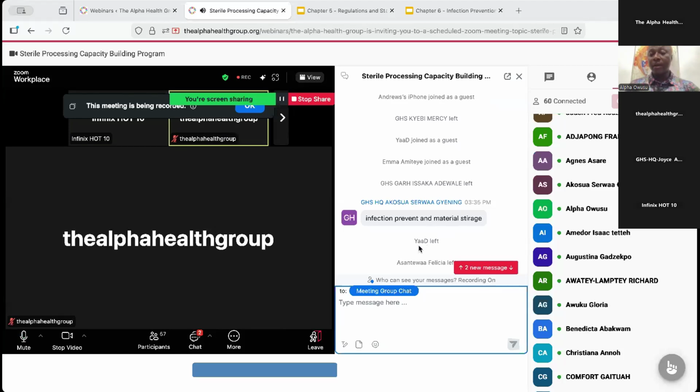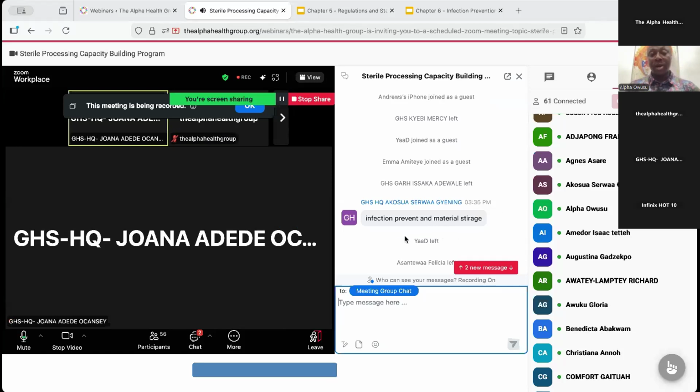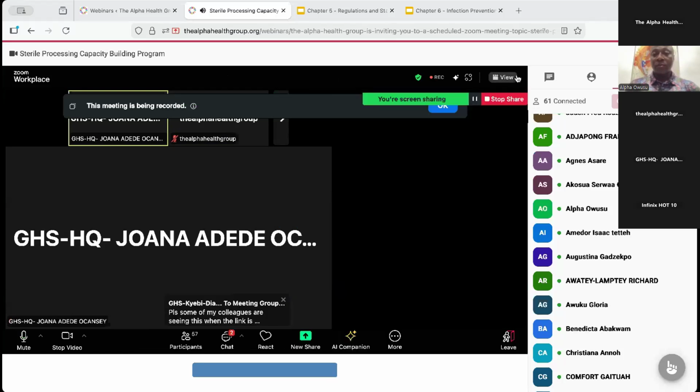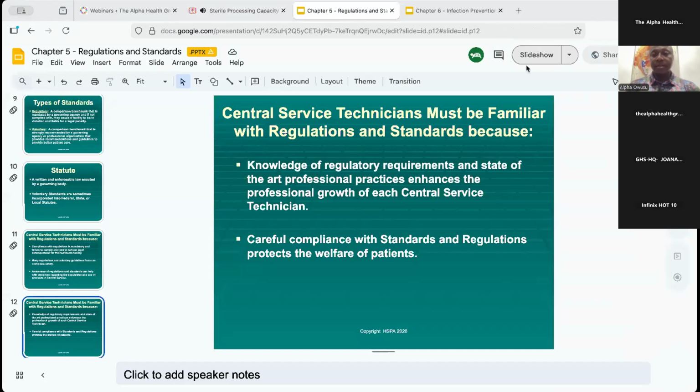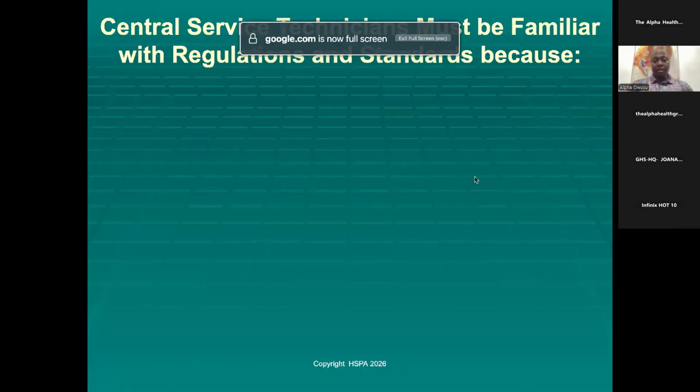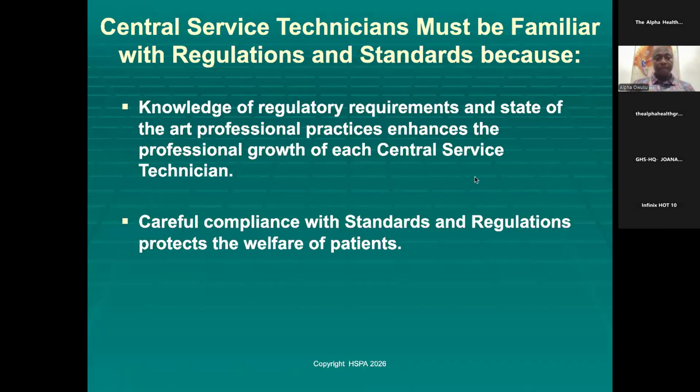Okay, so infection prevention and then material supply. Is that what you wanted to write? Okay, all right. So again, we have to be careful, right? Compliance with standards and regulation to protect the welfare of patients.